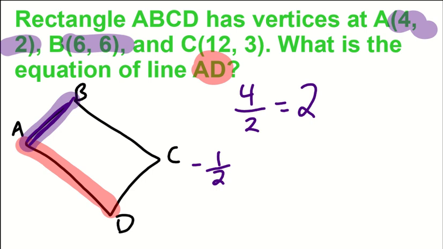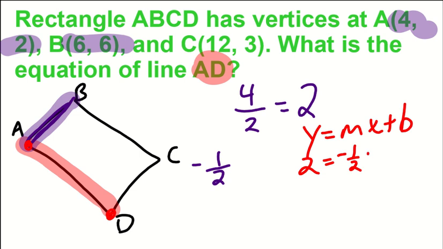So we know line AD goes through that point right there and that point right there. Well, we don't have point D. So we would use point A. Y equals mx plus b. M value is negative 1/2. X value is 4.